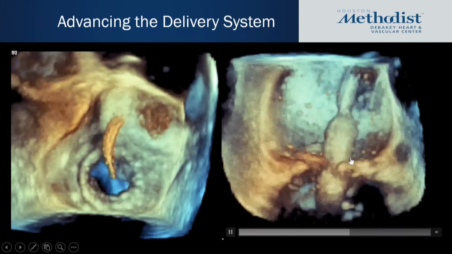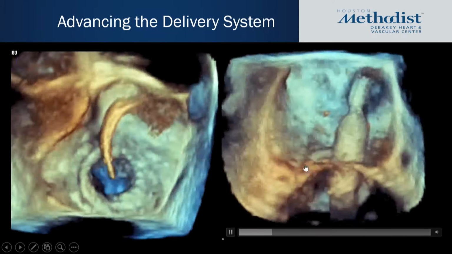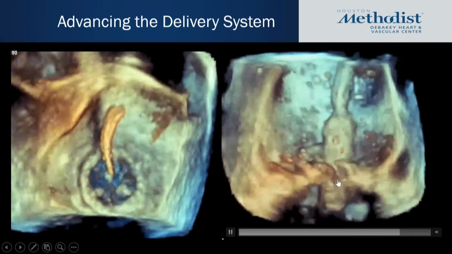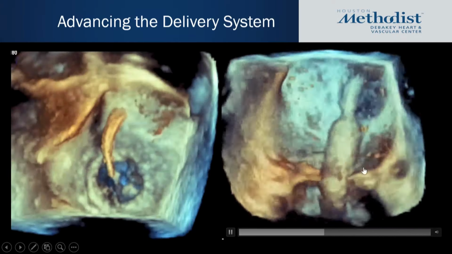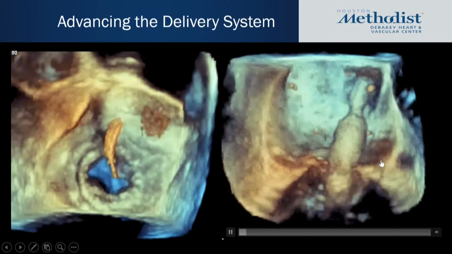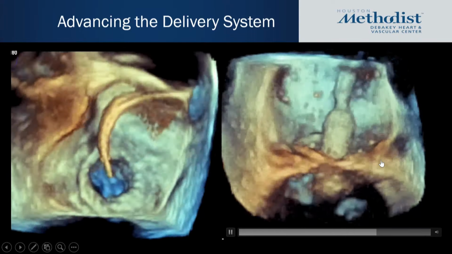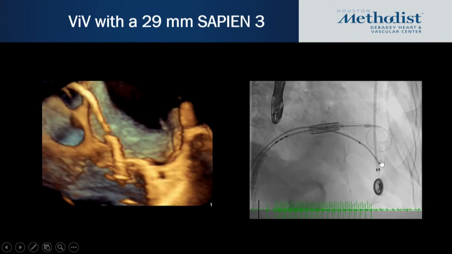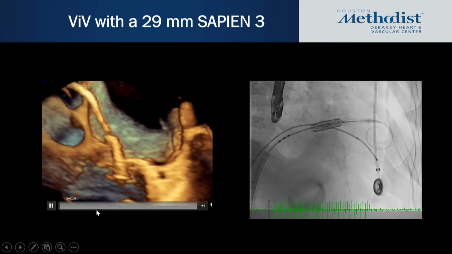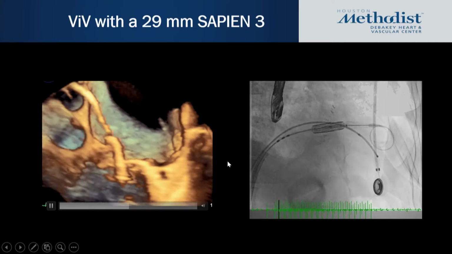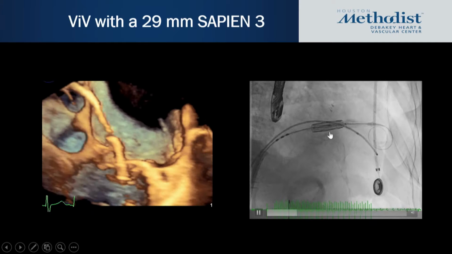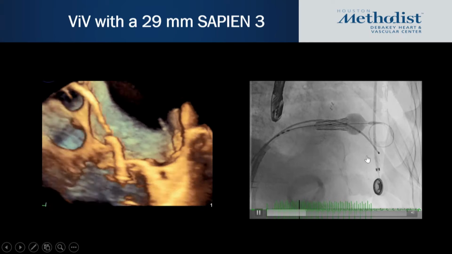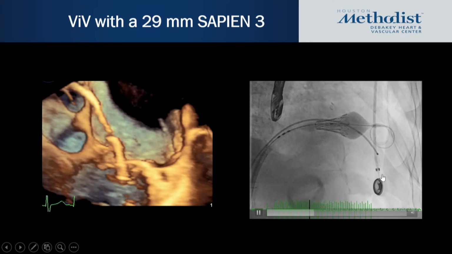This is a balloon expandable valve. So again, you confirm the positioning of the transcatheter valve in the degenerative bioprosthetic valve. You can see it on 2D and 3D. And then once you confirm the position, the valve is deployed. You can see that the balloon is being expanded.